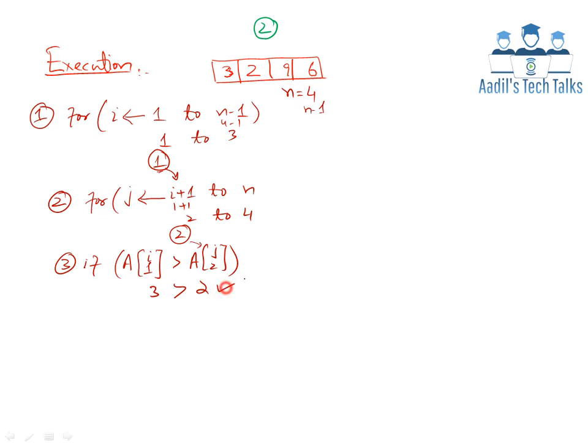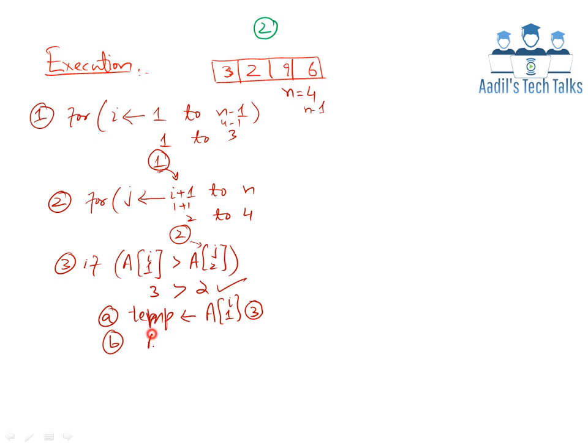Okay, the condition is true, so the steps of if will be executed. Step A: temp gets ai. ai means a1, the value of a1 is 3, so 3 is stored in temp.